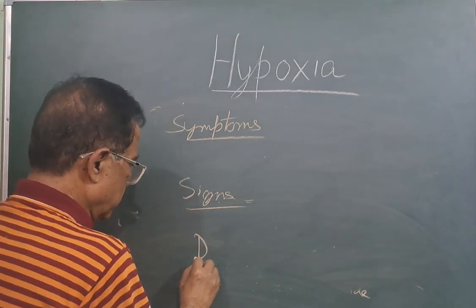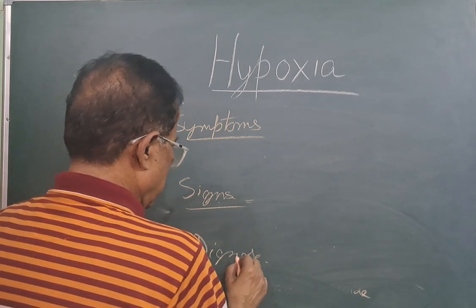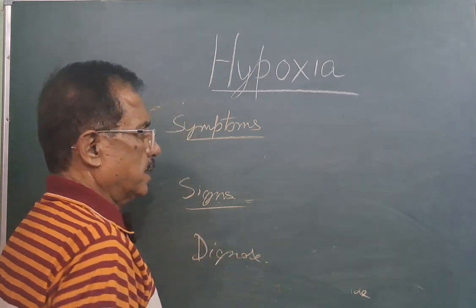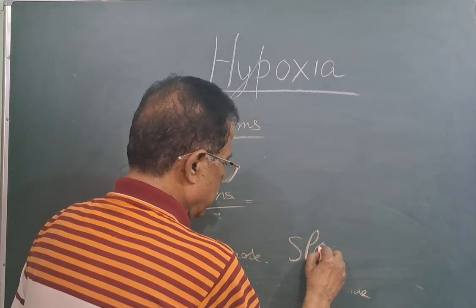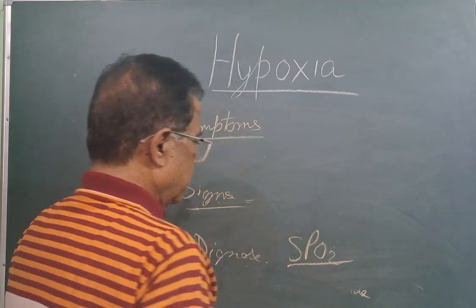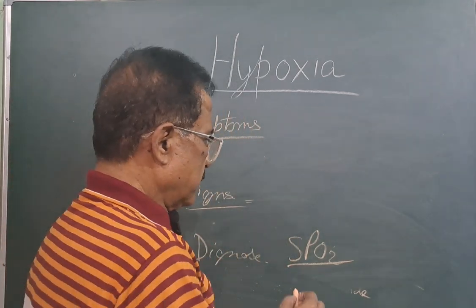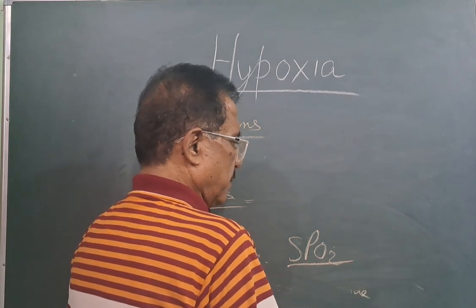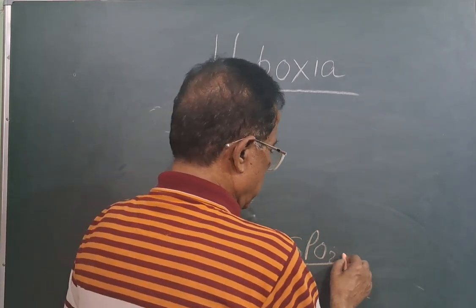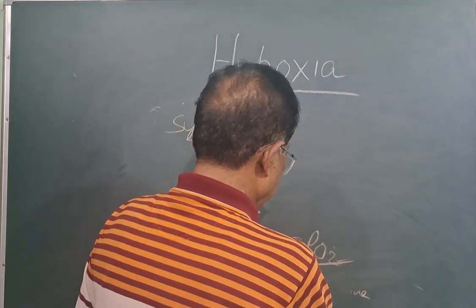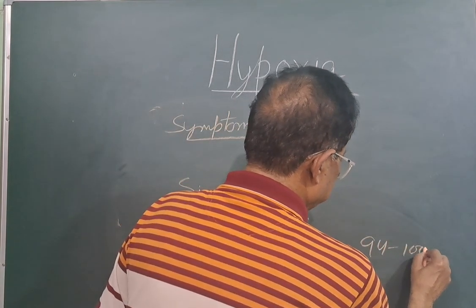How to diagnose? A very simple, easy and quick method to diagnose hypoxia is SpO2. By pulse oximeter, we can know the condition. Normal is 94 to 100%.